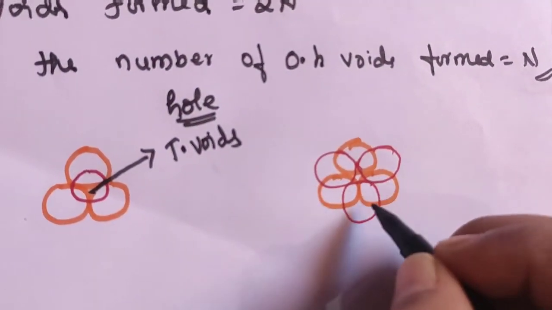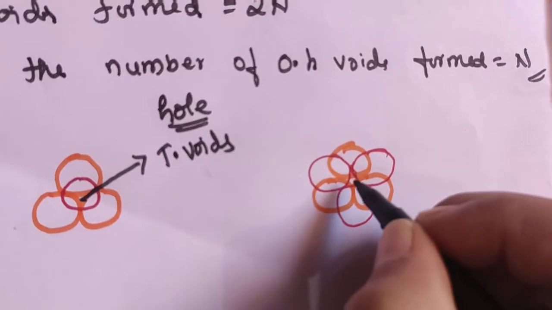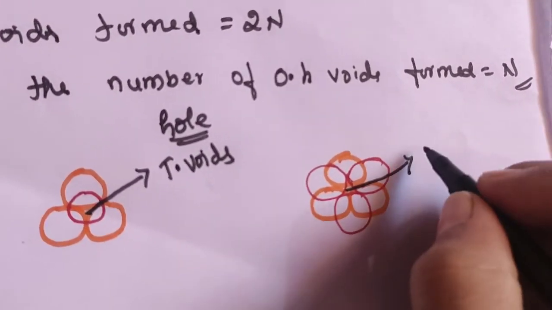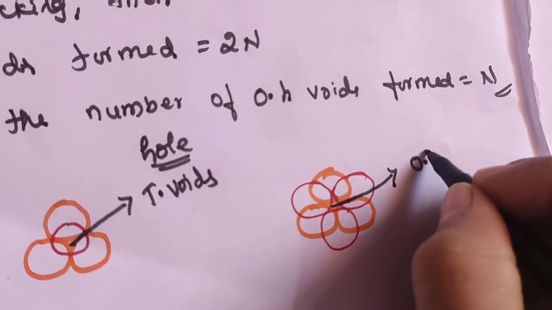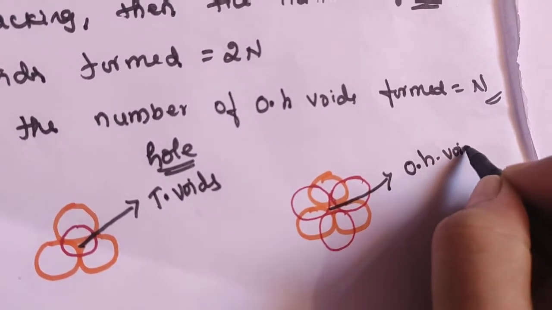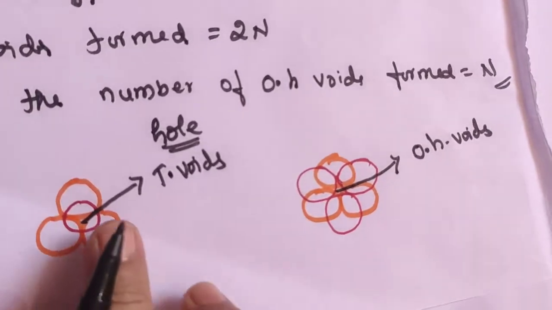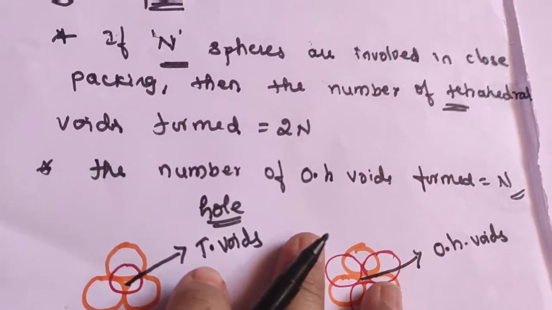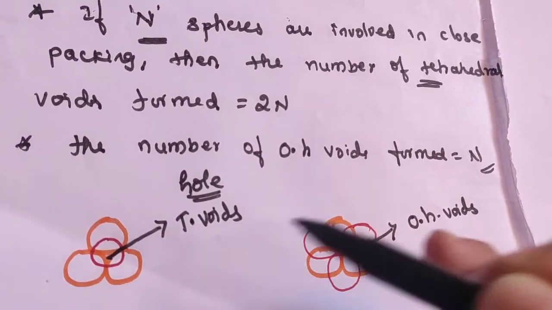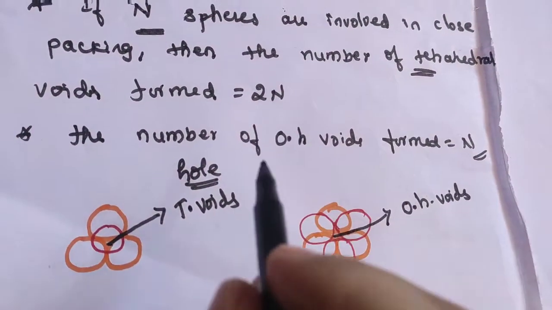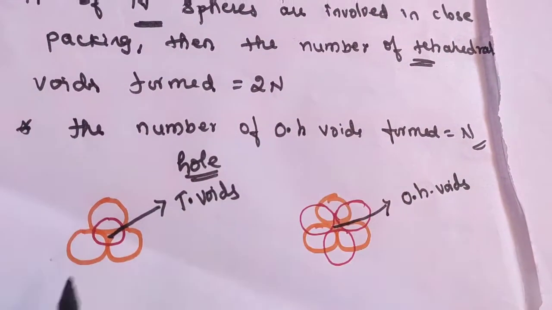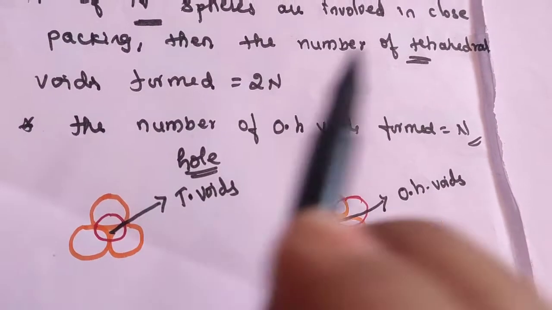And here it is connected by the 6 spheres, and here also empty spaces are created. So this space is called octahedral voids. So these are very important points for your examination, that is, what tetrahedral voids mean, what octahedral voids mean. Voids, in a simple manner, are holes, created empty spaces.